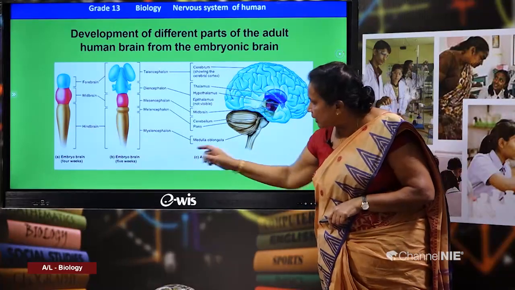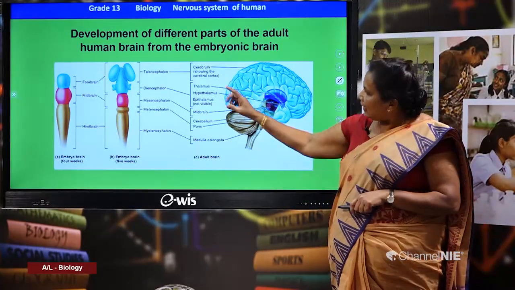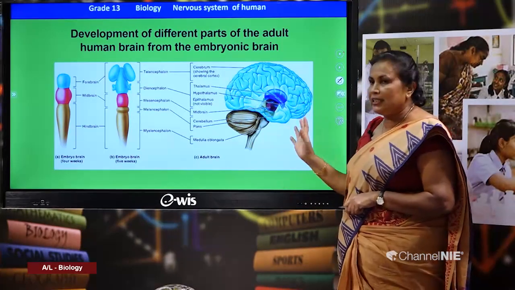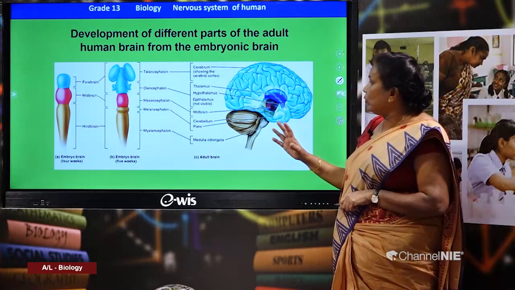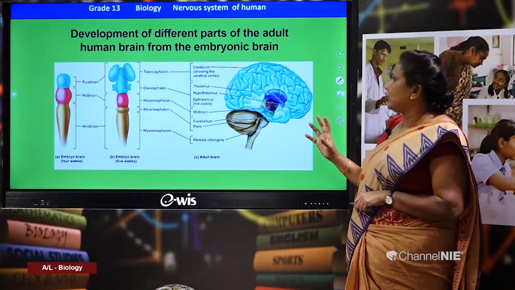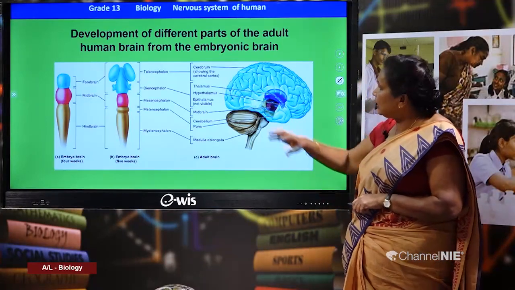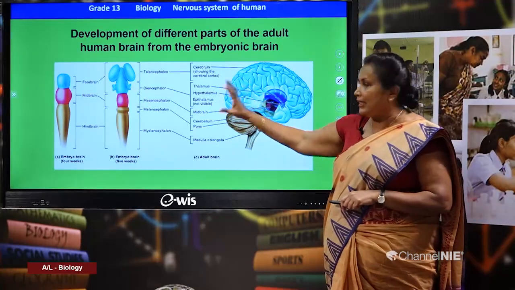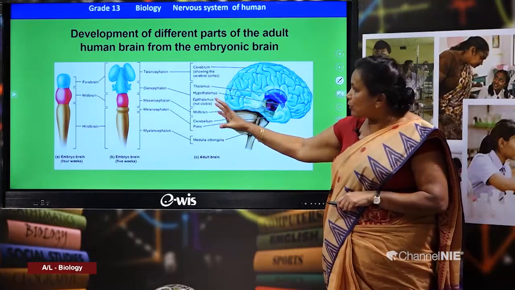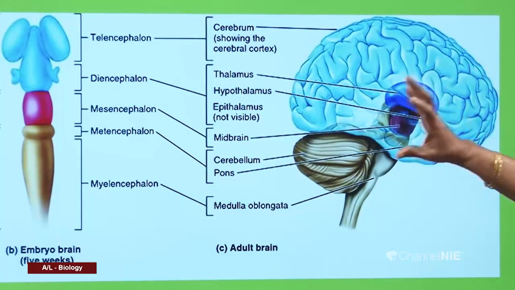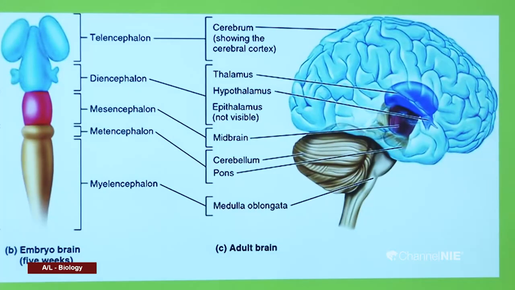When the embryo is about 5 weeks old, it has many regions. It further develops into a very complex structure in the adult brain. Can you see the blue color region? That is the region which develops from the forebrain. In the adult brain, a number of regions are produced from this region.